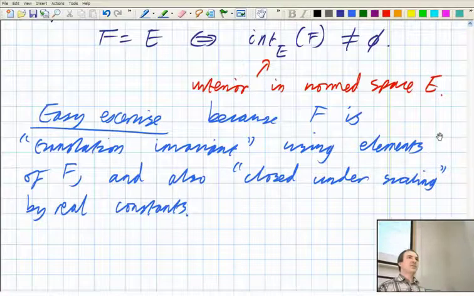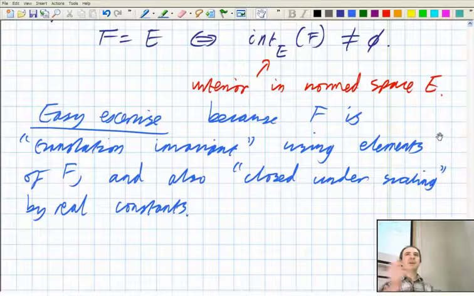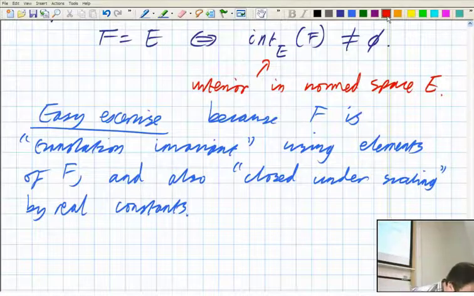You pull it back to the origin, and you find an open neighborhood in E round the origin that's still a subset of F. Then you start scaling it up by big multiples, and you're still inside F, and you quite quickly see that every point of E is inside F. So that's how it works. But I'll leave you to check details.